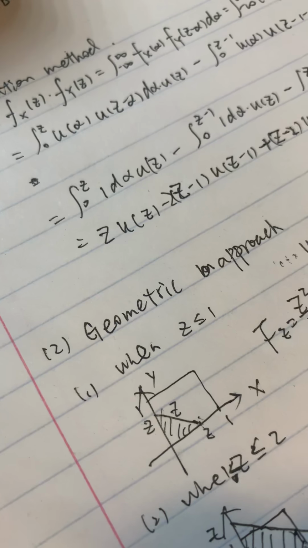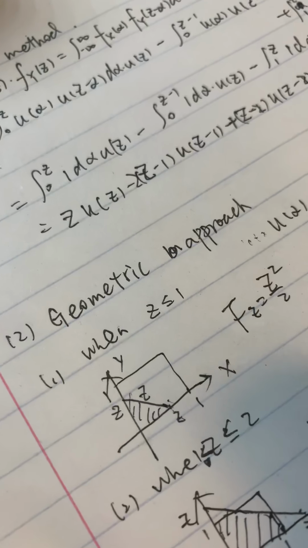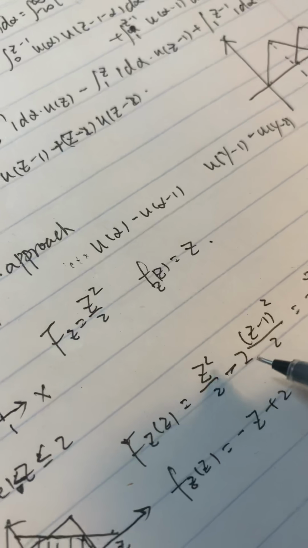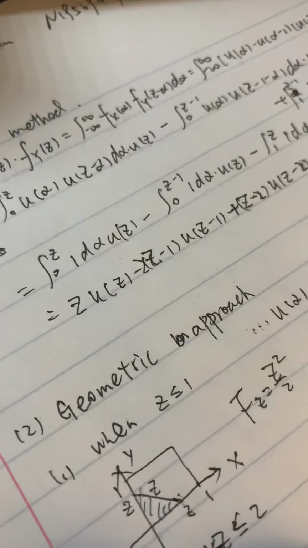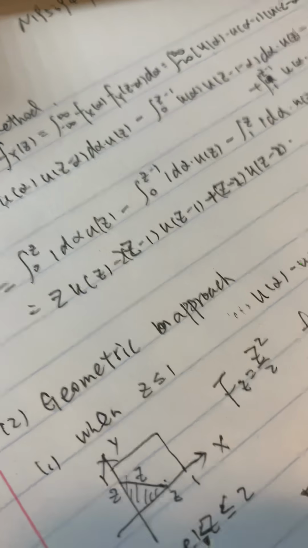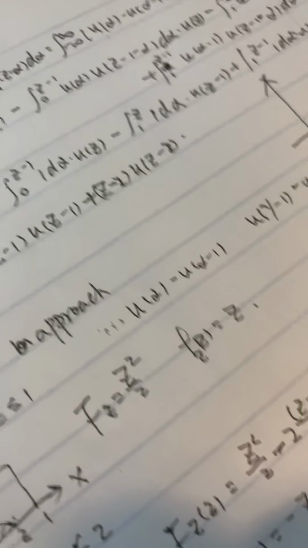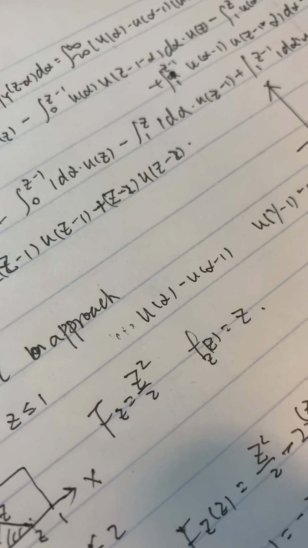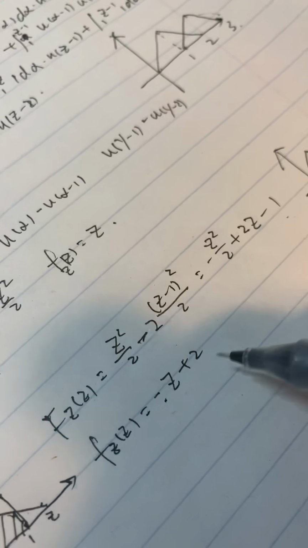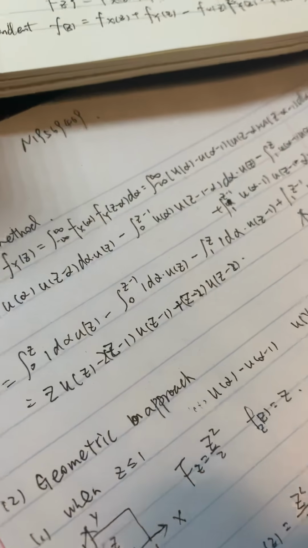The area of this one is this square divided by 2 minus 2 small triangle areas, which equals this one, and the final answer is small f(z) equals minus z plus 2.